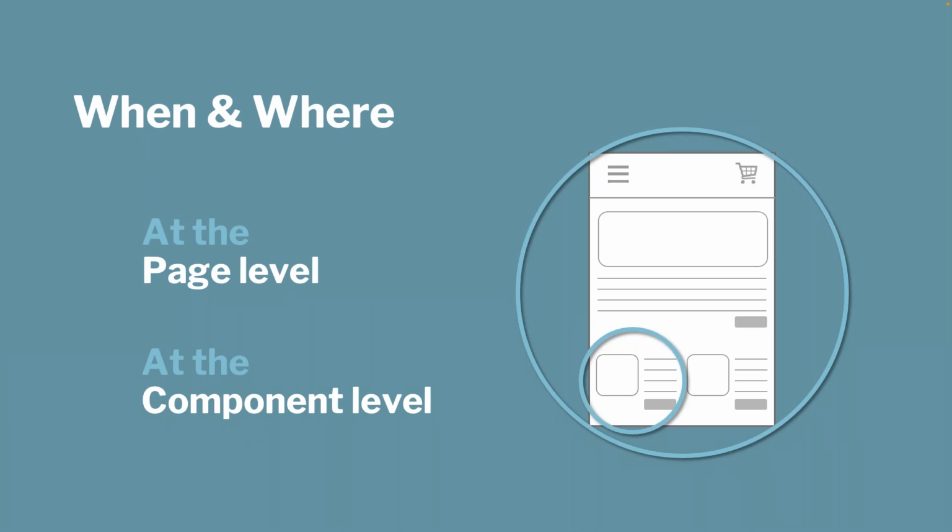First, we personalize pages, so we personalize at the page level. And then we also personalize at the component level. There are these two types of personalization, at least in this regard, that work in tandem together.